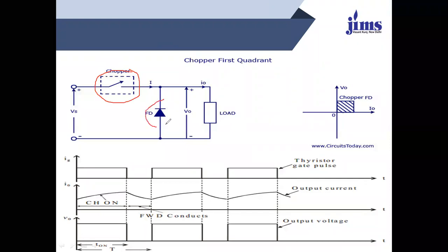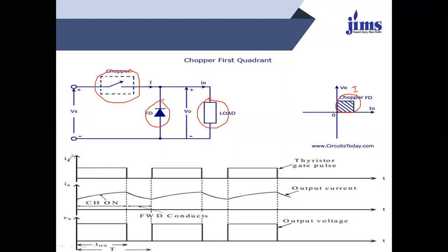This will be a freewheeling diode and this is the load. This type of chopper is working as a first quadrant chopper. So it indicates that the output current and the output voltage must be in the positive direction, so it operates in the first quadrant. So it is also called a first quadrant operation device.